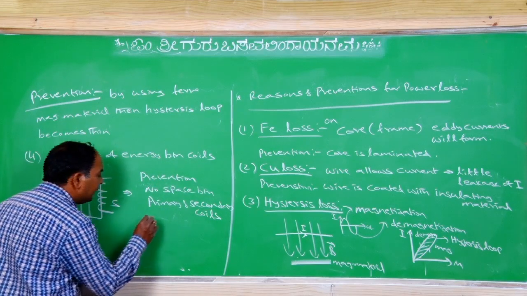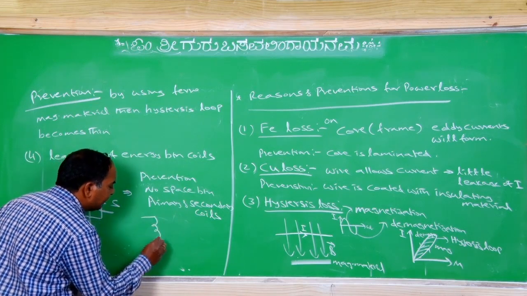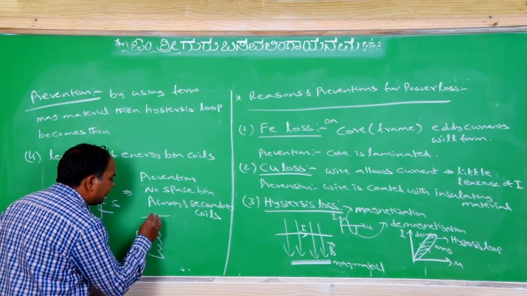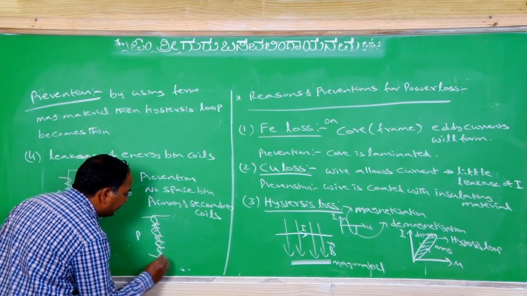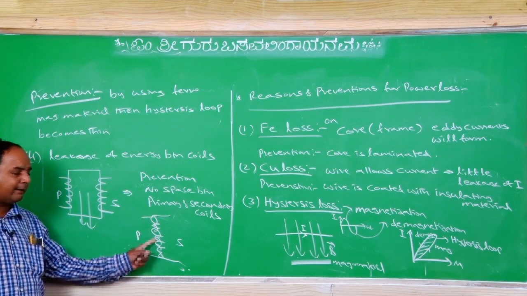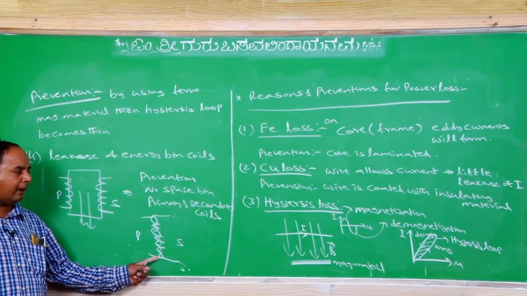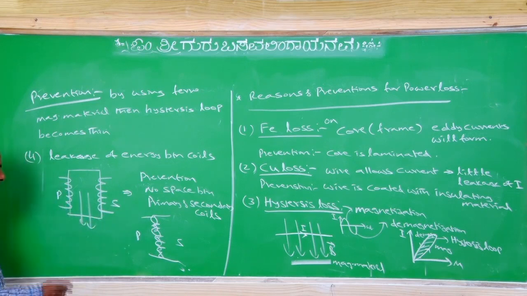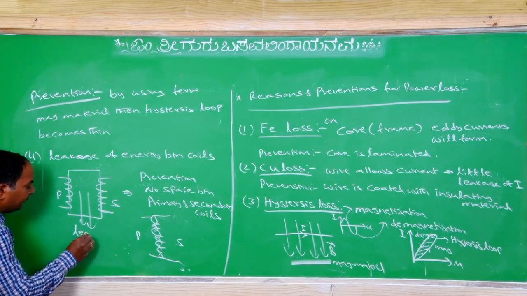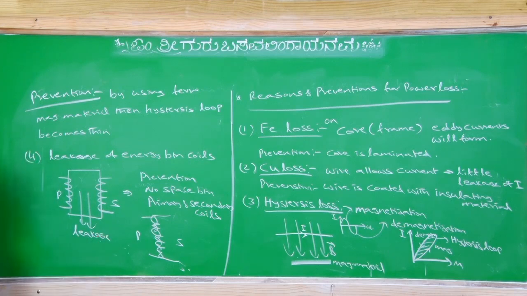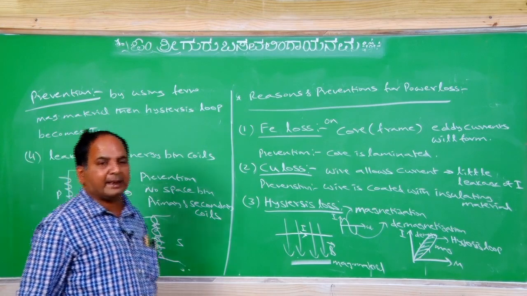If this is the primary coil, the secondary coil may be wound on the same. What is the space between them? Nothing. These two are overlapped, so this leakage will be prevented. Okay, this is about the transformer.